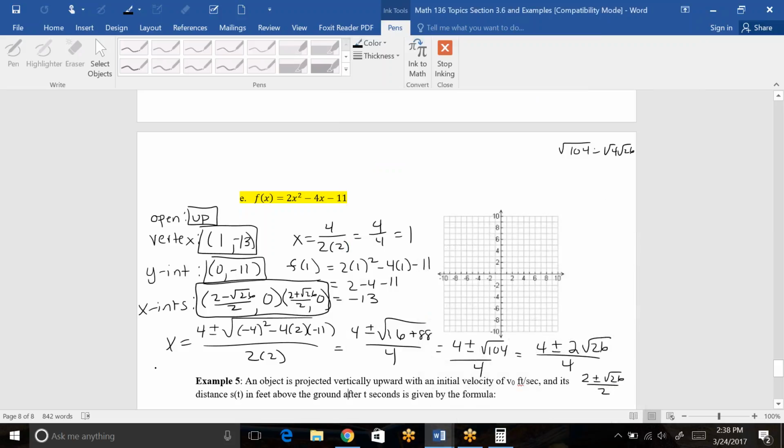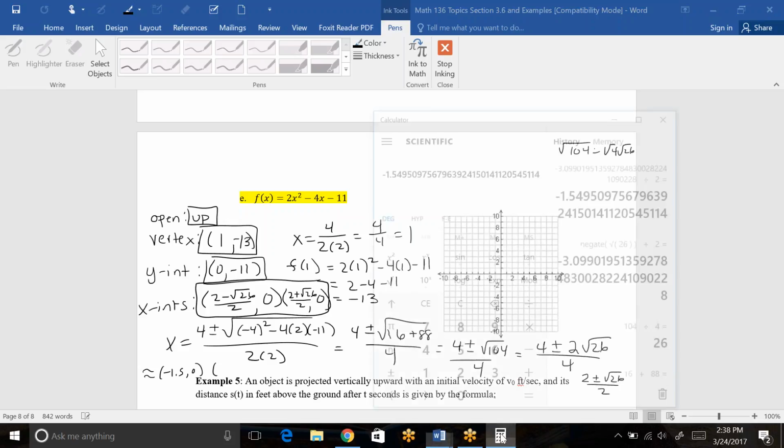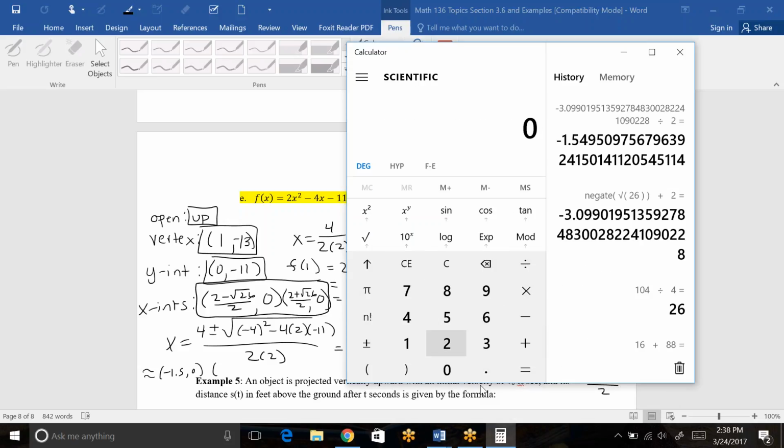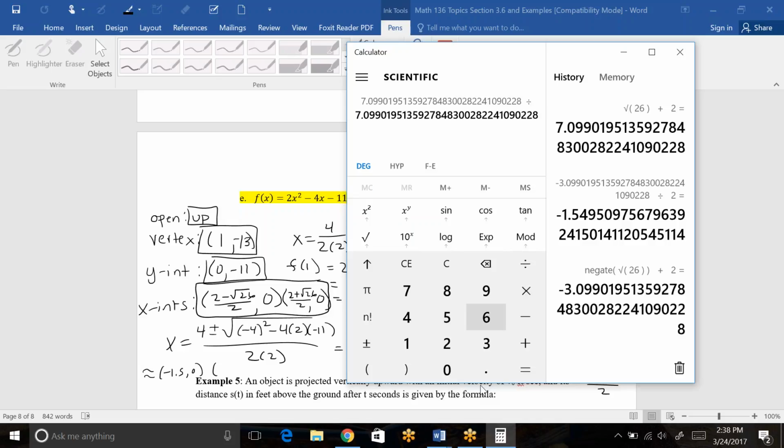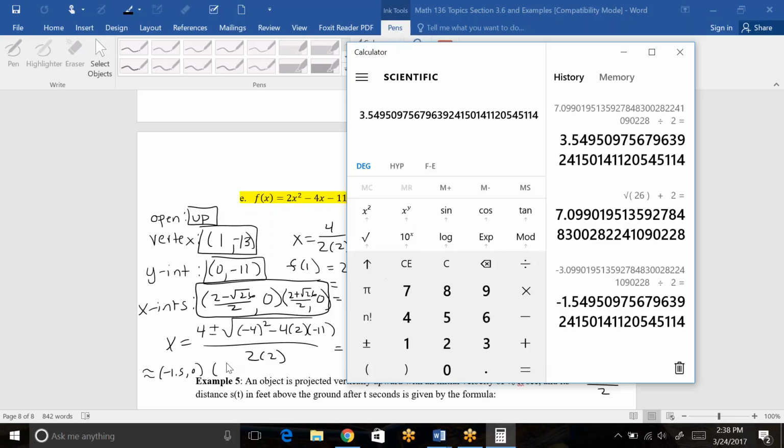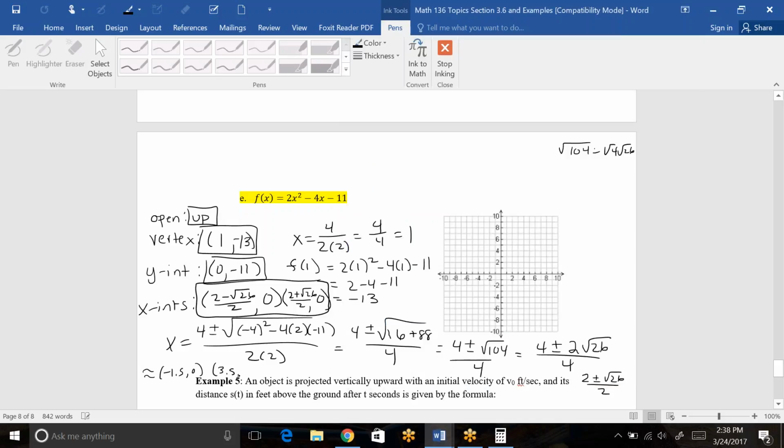So my x-intercepts are approximately -1.5, 0, and the square root of 26 plus 2 divided by 2 is 3.5. So negative 1.5-ish and 3.5.